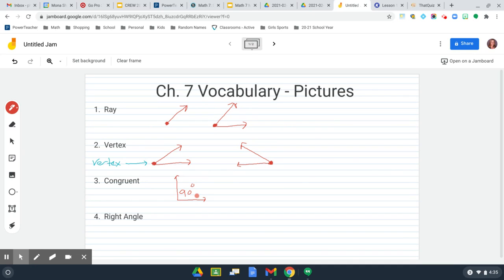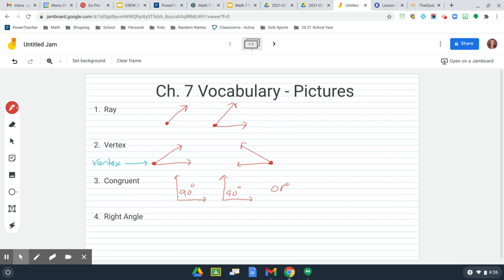So this first angle would be the same as the second one here. Oops. So they're both 90 degrees. So both of those angles are the exact same measurement at 90, so they are considered congruent. Two angles that have the same measure.